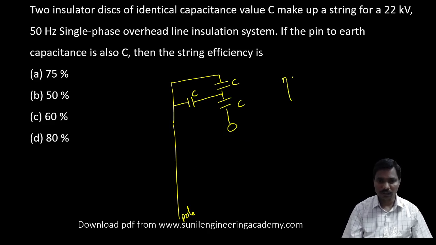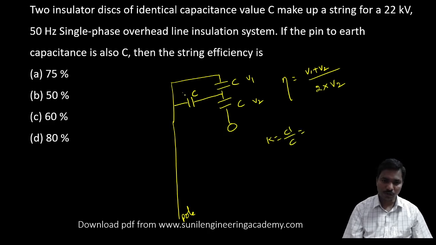String efficiency is equal to total voltage across the string, V1 plus V2, by number of discs into voltage near to the conductor. This is the formula, correct? So here what is K? K is equal to C dash by C. Here C dash is also C, so C by C, K is equal to 1.